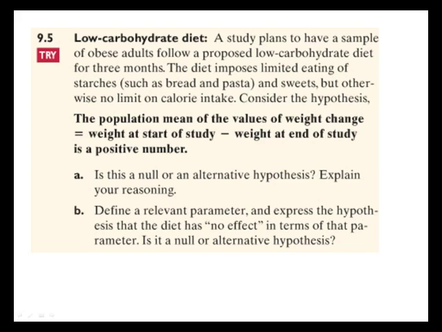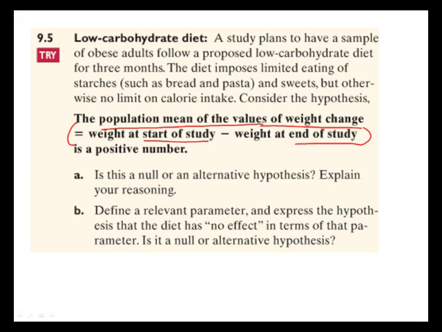Okay, here we have a study that plans to sample obese people who are on a diet, and they'll measure the weight at the beginning and then the weight at the end. And what's actually being recorded is the mean change in weight. They're calculating the weight change by doing the weight at the start of the study minus the weight at the end of the study.